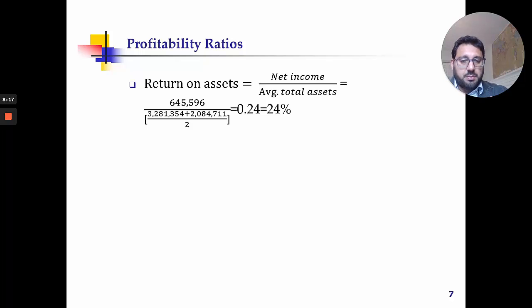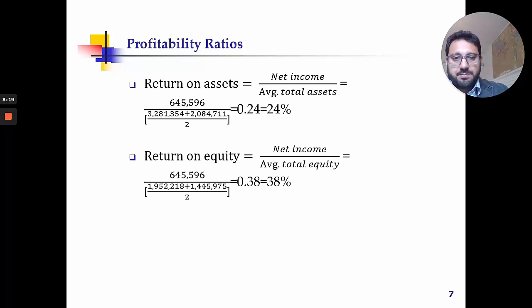The return on equity suggests how much the investors are making, and this shows that 38 cents investors are making on average if they have invested $1 in the company. Now remember, this is the book value.